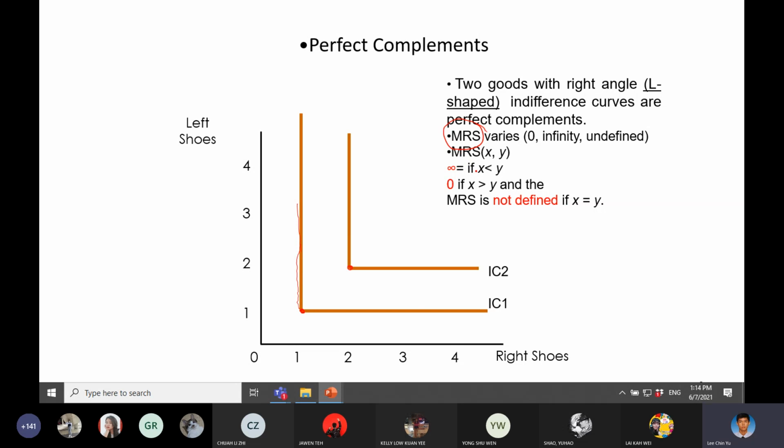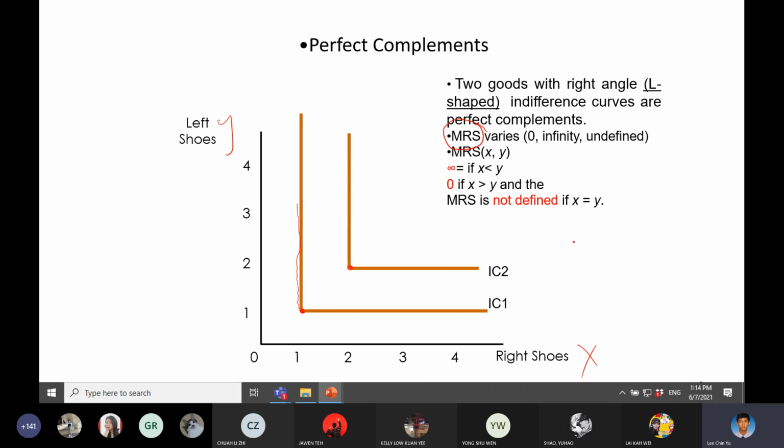For example, let's say you have a right shoe and you increase the number of left shoes. How do you define the marginal rate of substitution? Let's say this is x and this is y, and the value here remains unchanged.